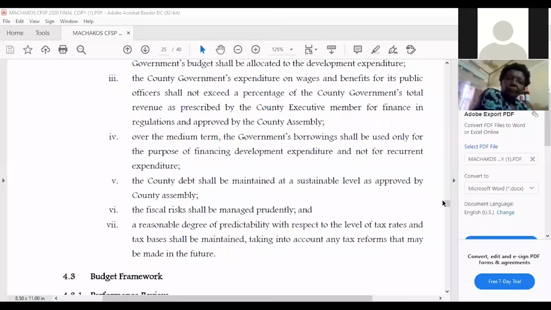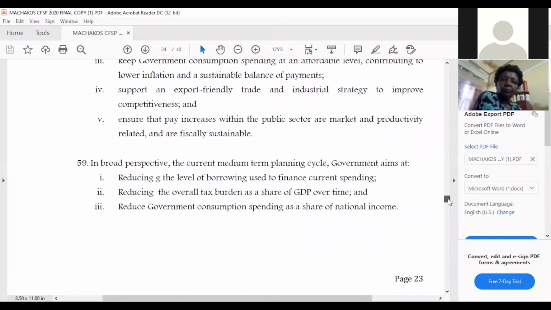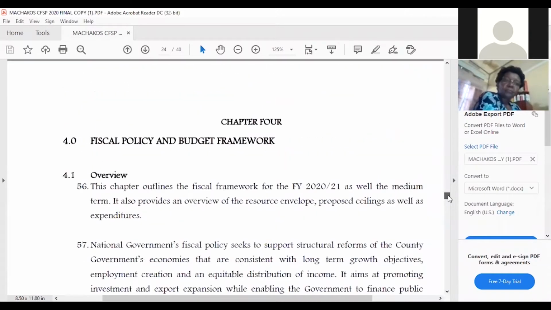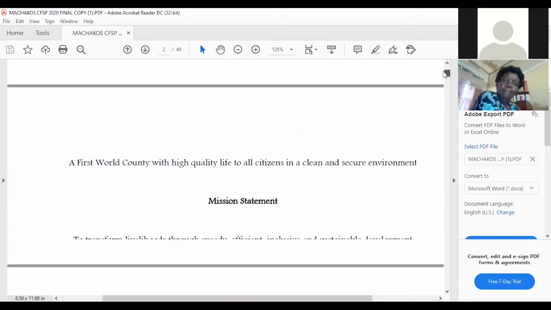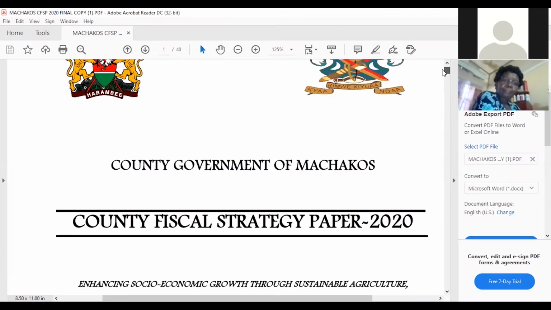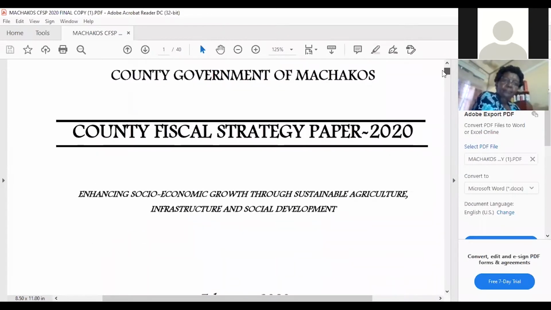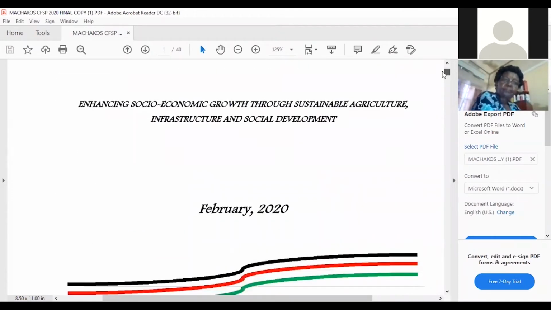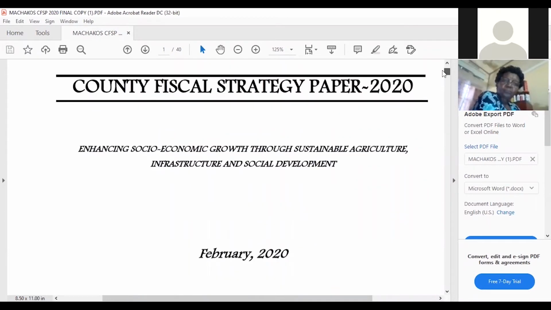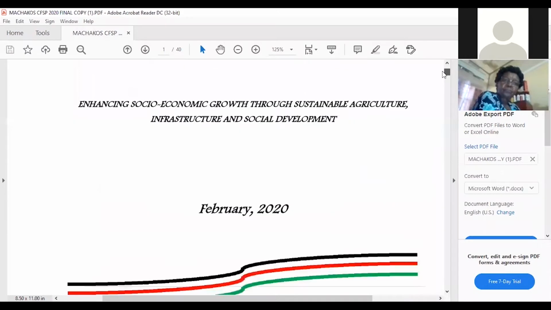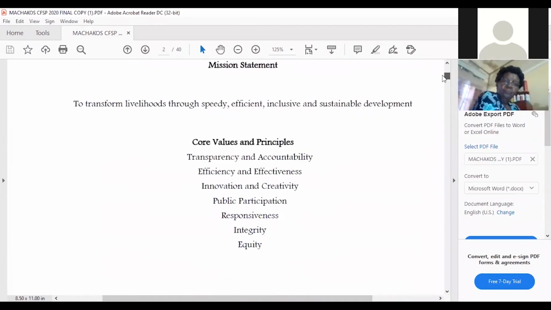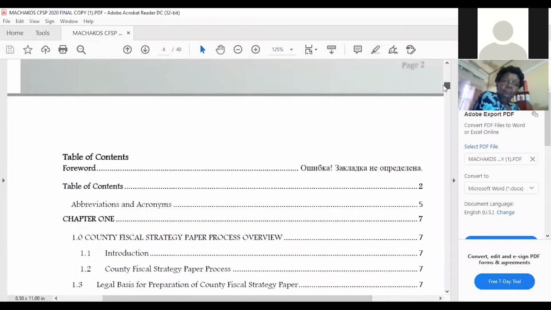So the case study that we are going to use here is the one for Machakos County. Okay. So this is the CFSP for Machakos County strategy paper 2020. Okay. So this is what we are going to use.